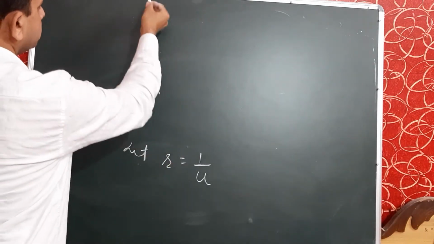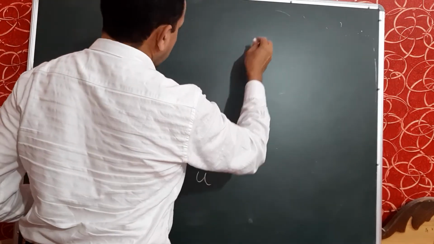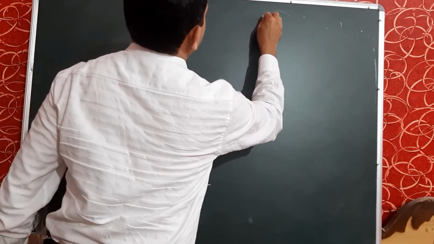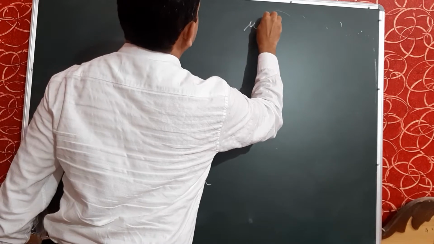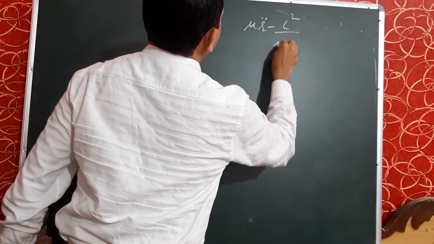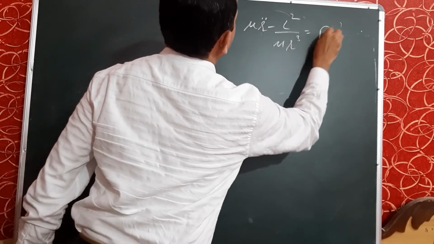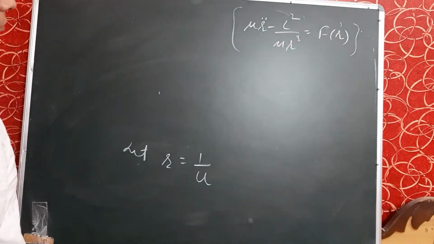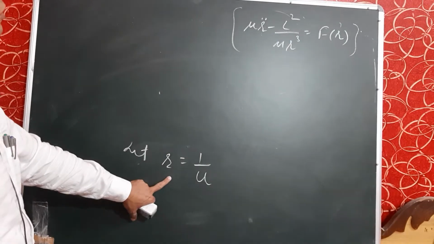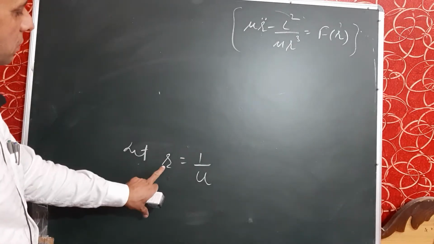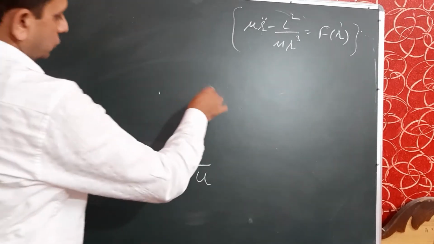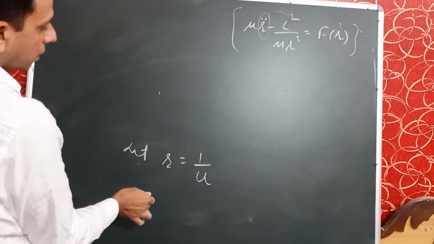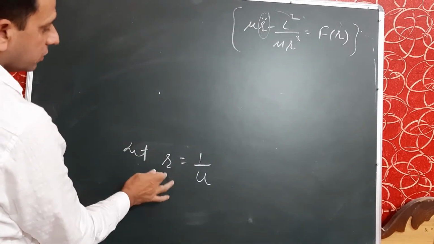We will reduce this equation. I write this equation as mu r double dot minus L square upon mu r cube is equal to f of r. This is the RT equation, and we will convert this equation into u theta form by putting r is equal to 1 by u. So, here r double dot. We can find this r double dot by taking the double derivative of r.